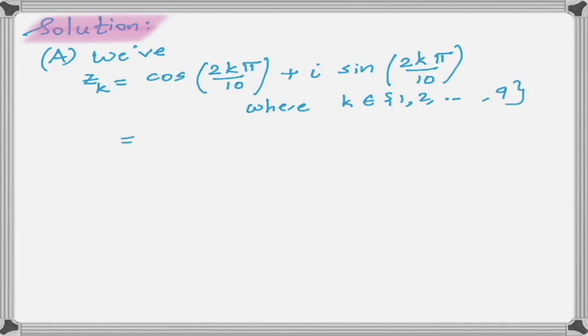Recall that this complex number is equal to e to the power i 2k pi by 10. These complex numbers are very special. They are known as the 10th roots of unity.